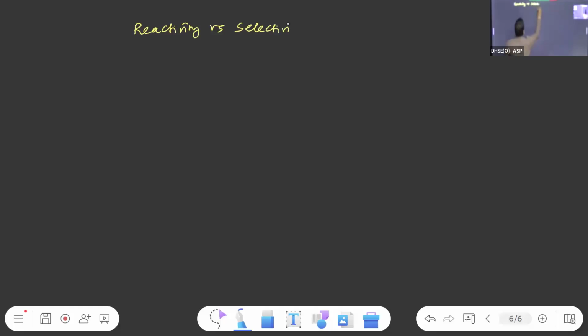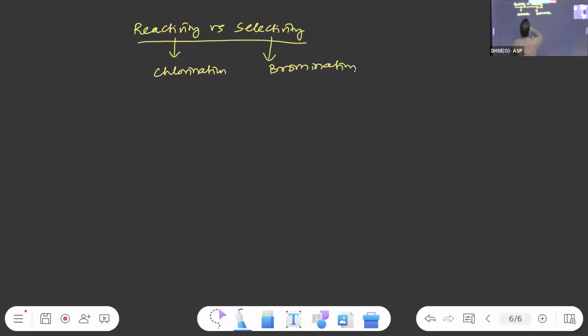We know that whatever is more reactive is less selective and vice versa. So chlorination is more reactive and bromination is more selective.